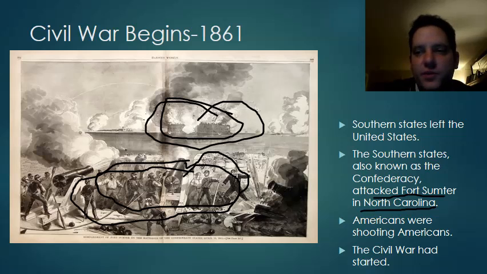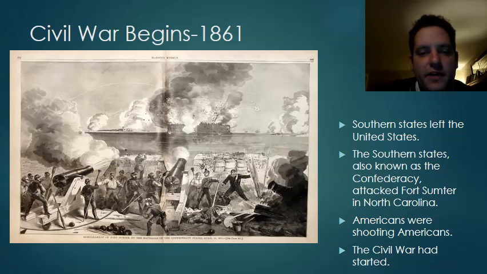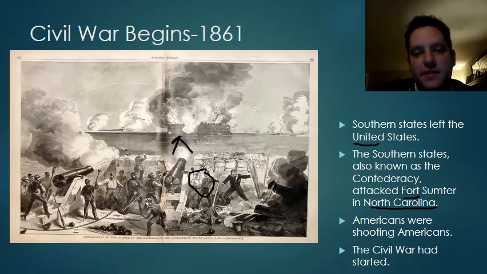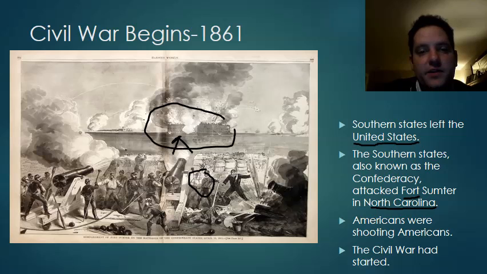So what you do is you have these people who are Americans firing on a fort in North Carolina that has United States military troops, soldiers in it. So this is the first time that Americans were shooting Americans.